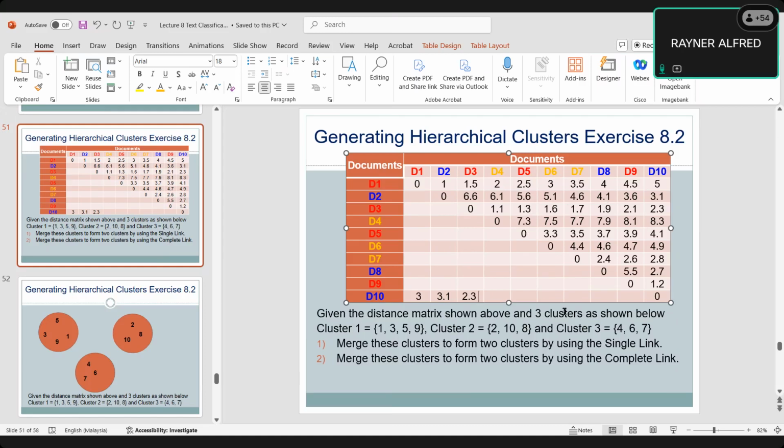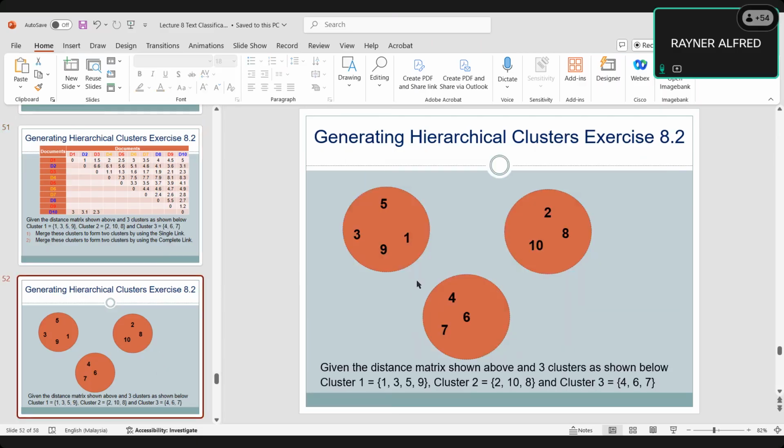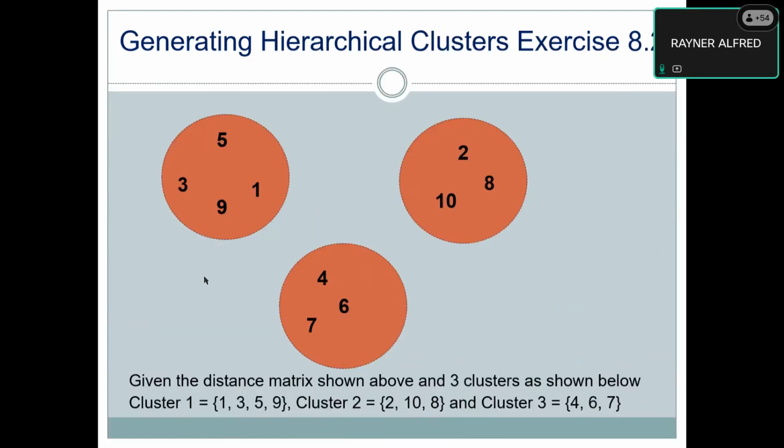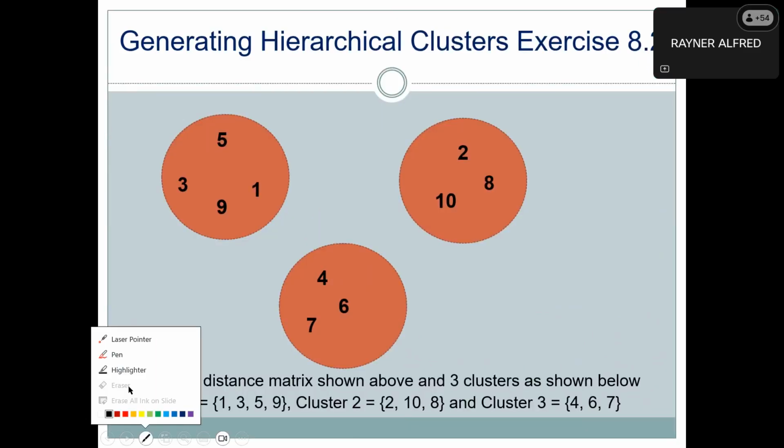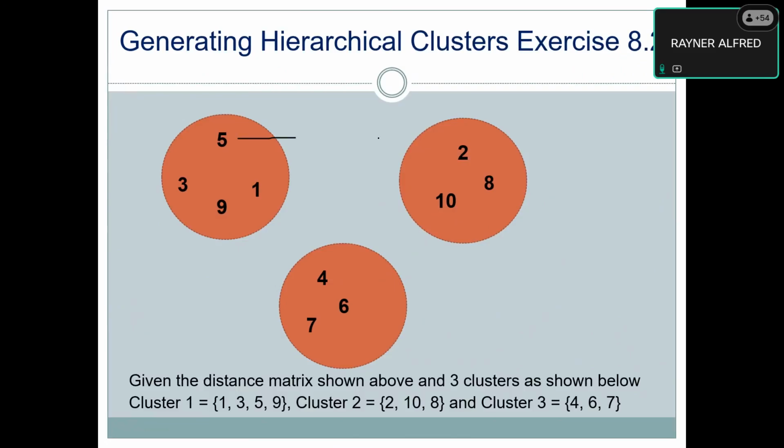So now we want to find the maximum value between, so let's do it using this one. So what we want to do here is, okay, first is between cluster 1 and cluster 2. So we can do one by one, like 5 and 2.